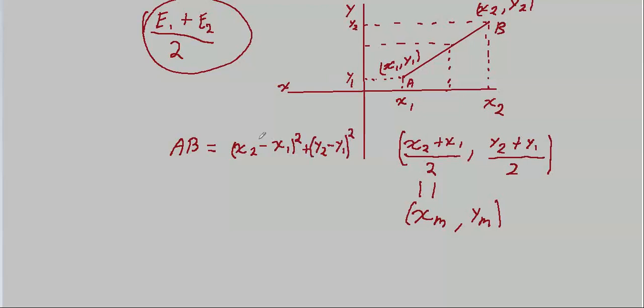Now you've added up these two squares. How in the world is squaring something going to give you the actual distance? Well, we're going to take the square root of that. So there's a little bit of sense to it. We squared these things, we added them up, and then we took the square root, and you know what? That will actually give us the distance from here to here. Hard to believe, but it's true.